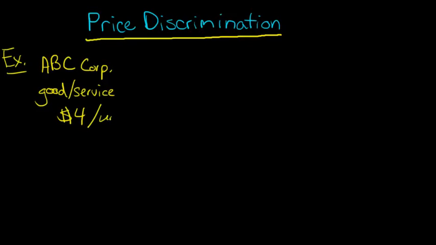And what we find is that they do some research and they see that they've actually got two groups of potential customers. So group one has 100 people who are willing to pay $6 a unit for this good.